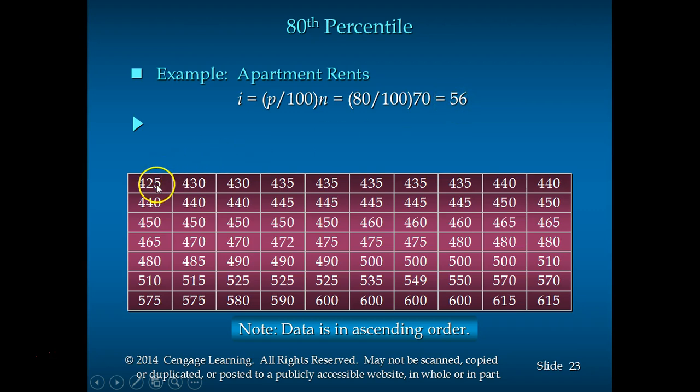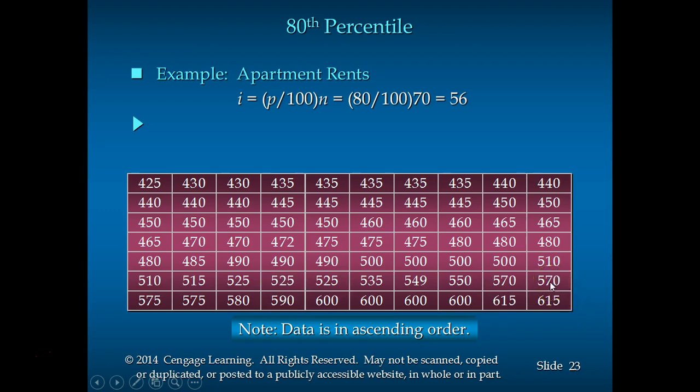So you count 1, 2, 3, 4, 5, 6, 7 until you reach 56. I think it's gonna be somewhere here. So you count from the least to the greatest, you count 56 times, okay?